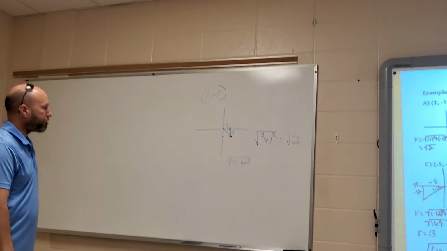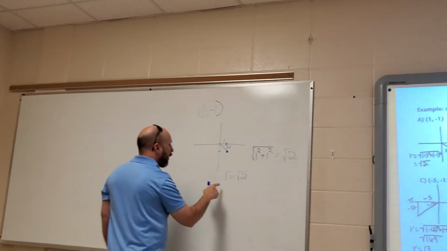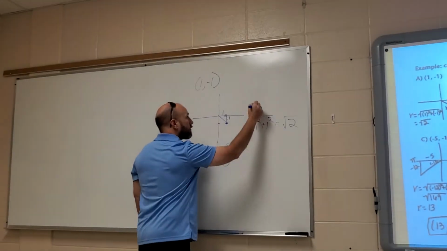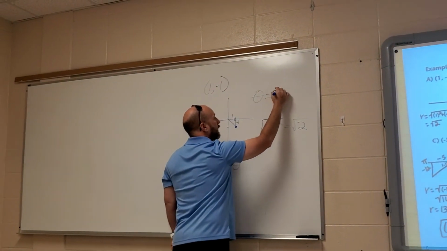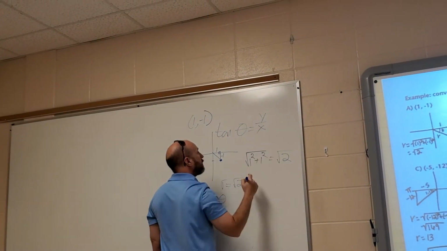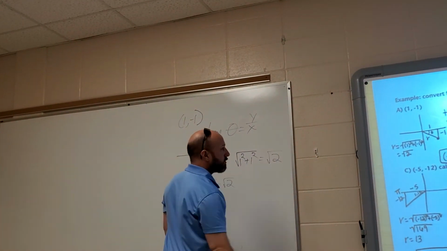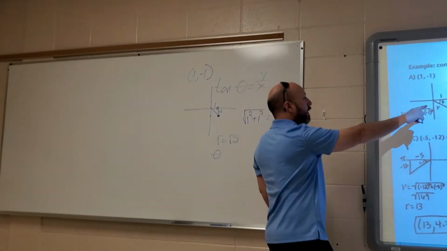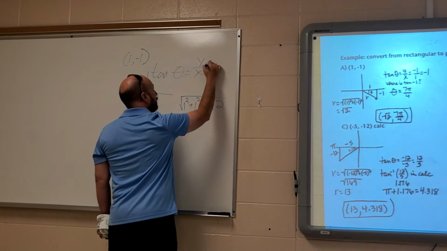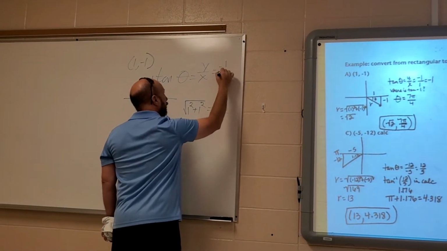And then to find our theta, the tangent of theta is y over x. That's right on the notes. Tangent of theta is y over x. So then the tangent of theta is negative 1 over 1.